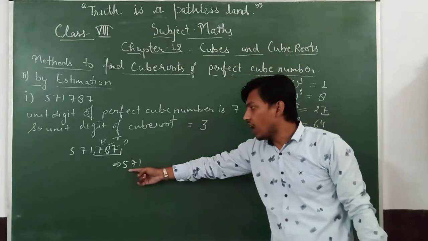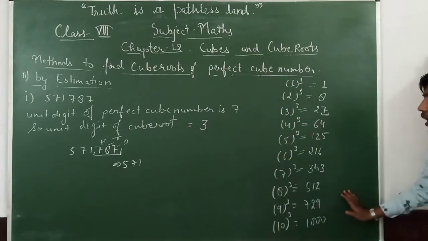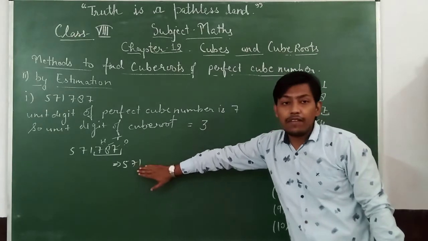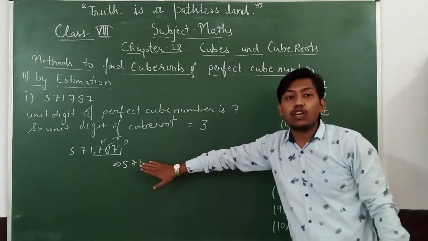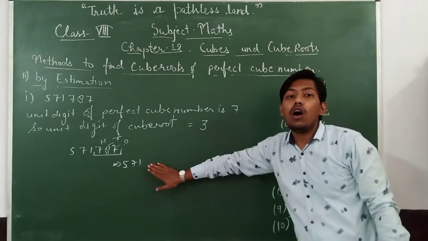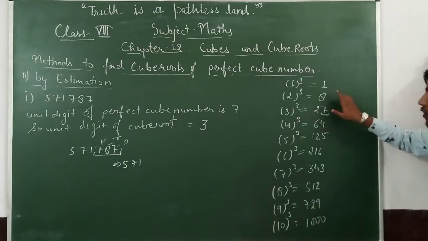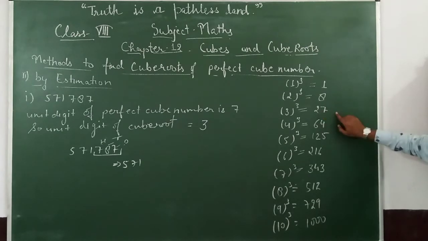Now come to this table and find out 571 is greater than or equal to the cube of which number. Here 571 is greater than 1, greater than 8, greater than 27, and greater than 64.